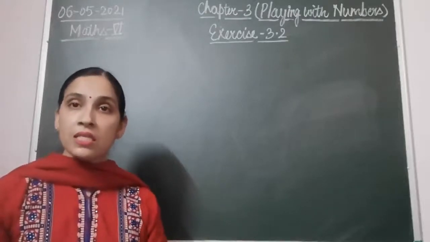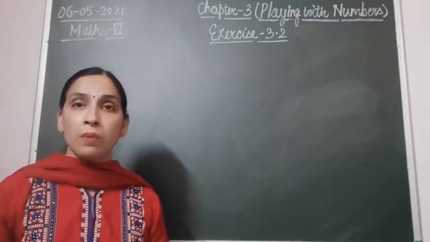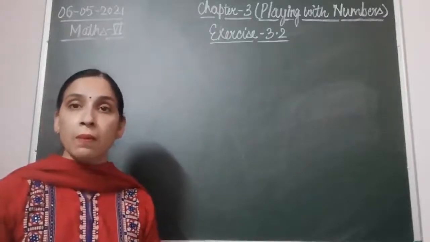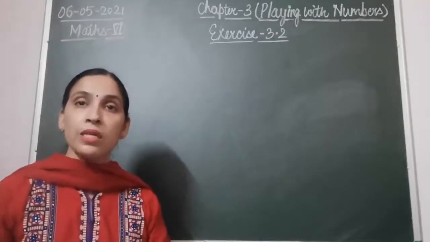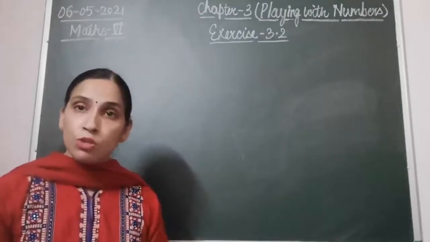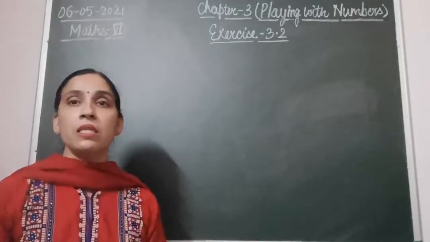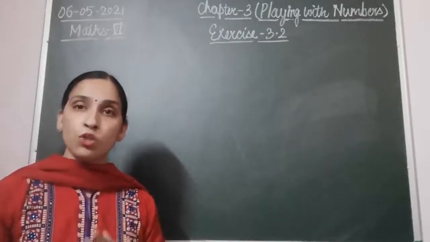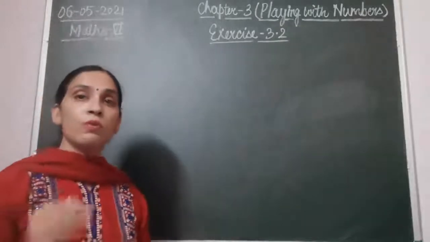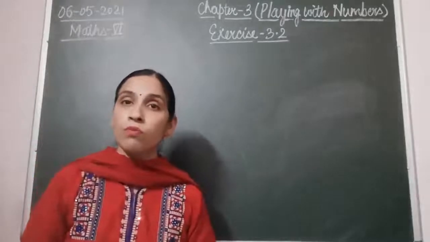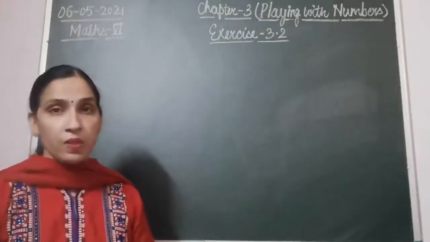So this activity will help you understand and remember the different prime numbers that lie between 1 to 10, 1 to 20, 1 to 30 and so on. Just go through this method. I hope you all will enjoy this activity, and I am going to give it as homework in Microsoft Teams. Okay, now we'll come to question number 3.